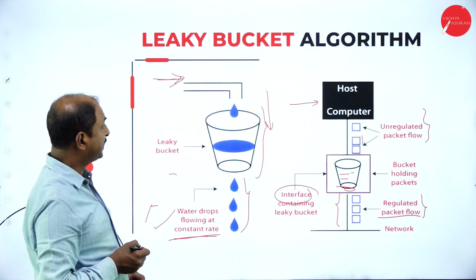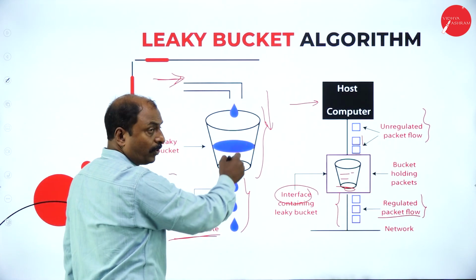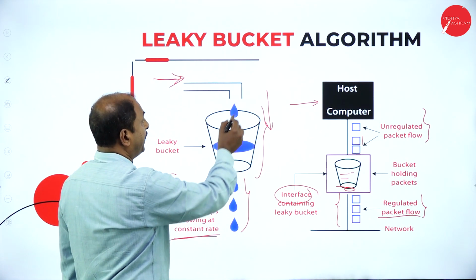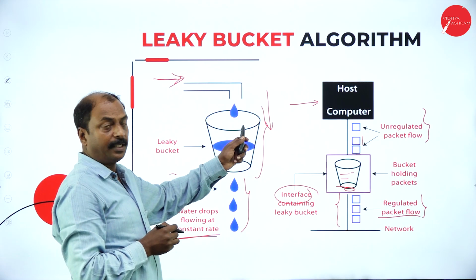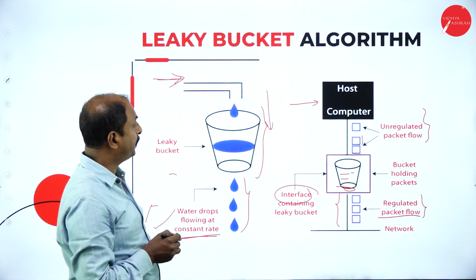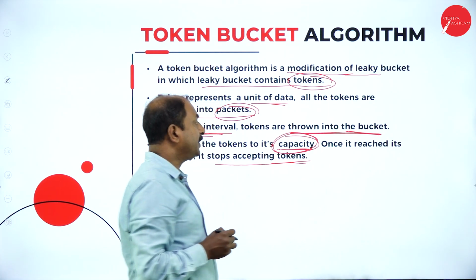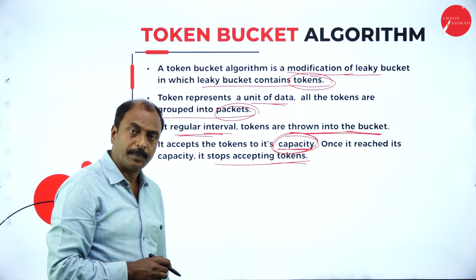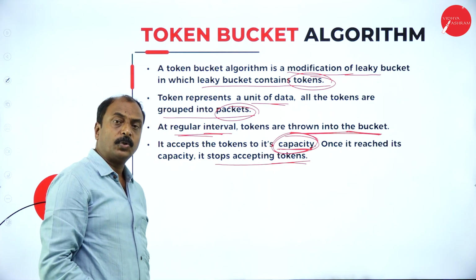But in the previous example, even though water is flowing into the bucket, the extra water spills out once the bucket reaches capacity. Here, once the tokens reach the capacity of the bucket, it does not accept any further tokens.